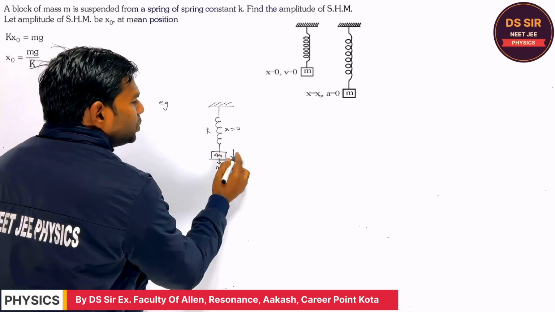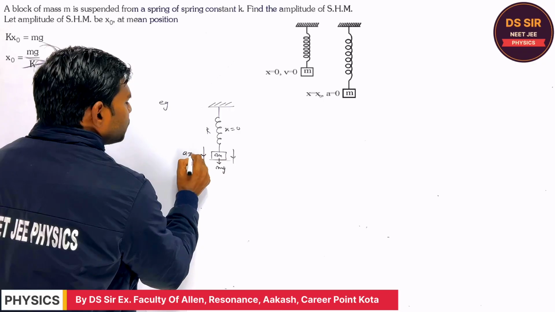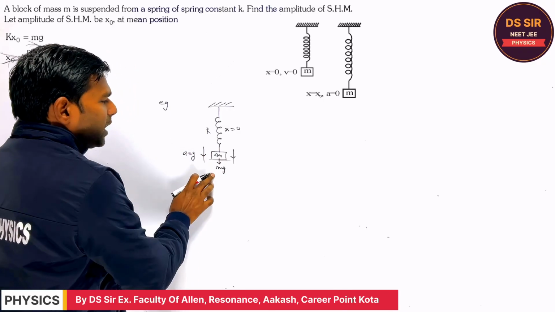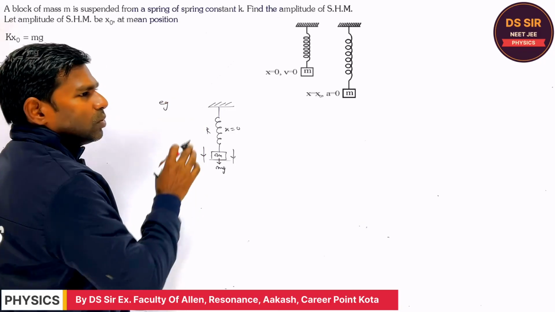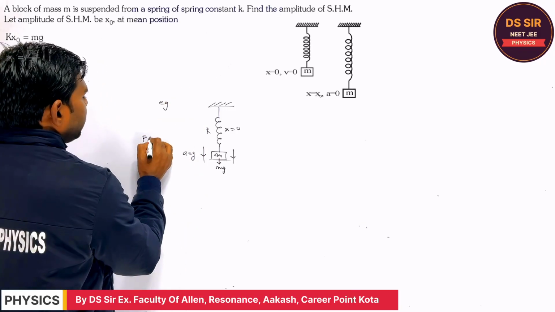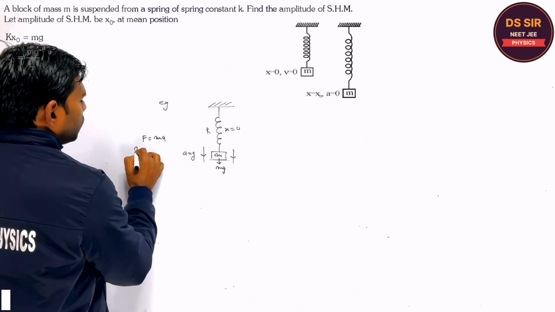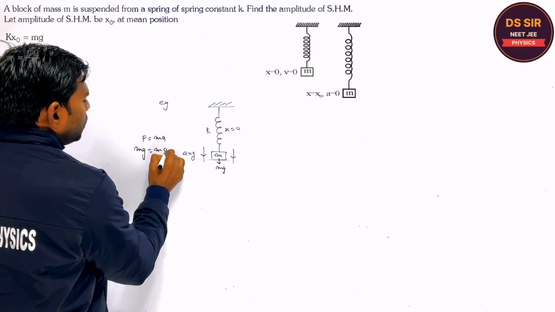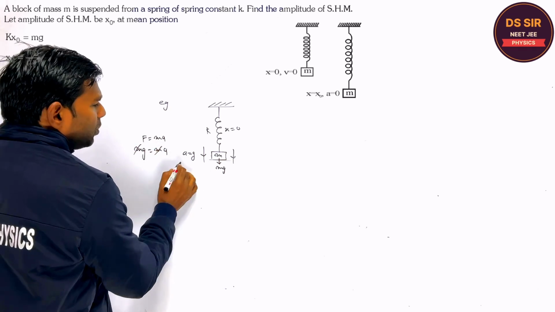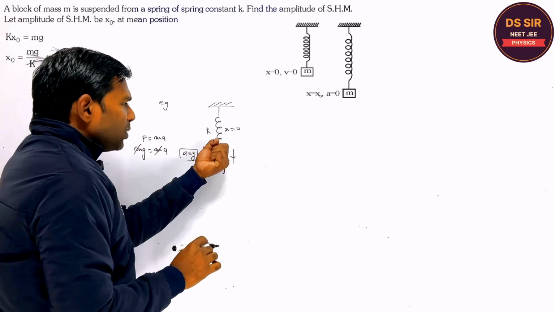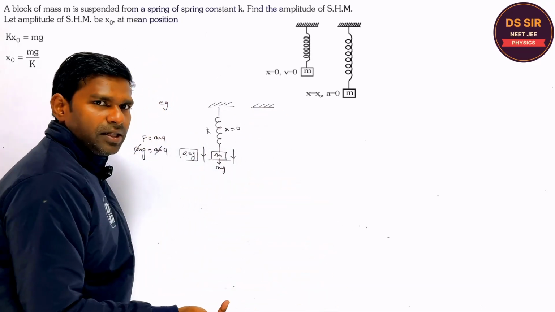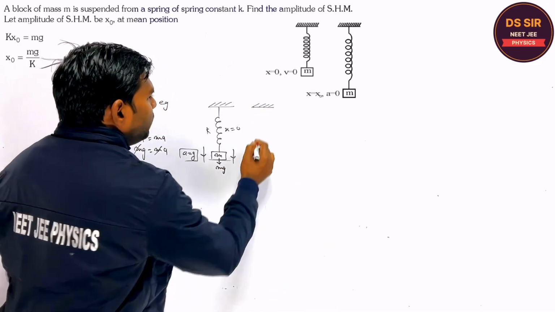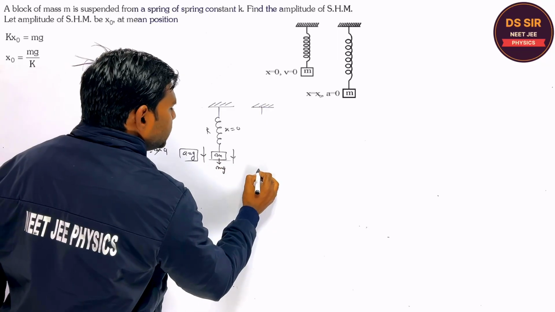The spring force is 0 and the acceleration at this point will be g, because mg is the force acting downward. Net force is equal to m into a, the force is only mg, so mg upon m is the acceleration, equal to g. And because of this acceleration, what will happen? The velocity will increase, continuously increasing.